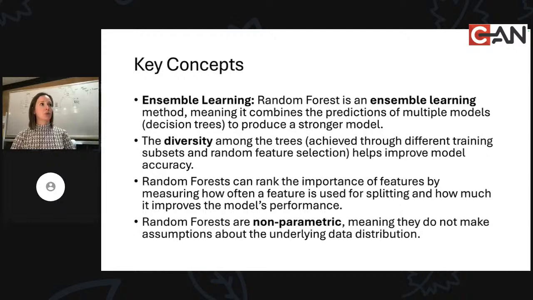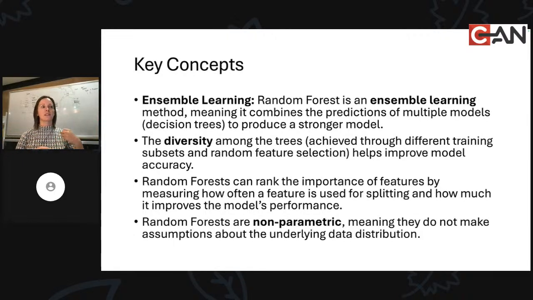The really, really cool thing about random forest, one of my favorite things, is we can actually quantify the importance that a feature plays by looking at, across all these different trees that all look very, very different, which feature is used most often for splitting? So which feature, even in the absence of all these other features, is most often used for splitting?